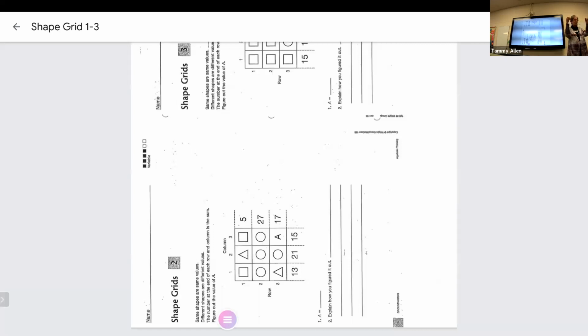So I want to see some algebra steps, just like what we did on the front. All right? When is it due? On Friday. Okay? Questions?